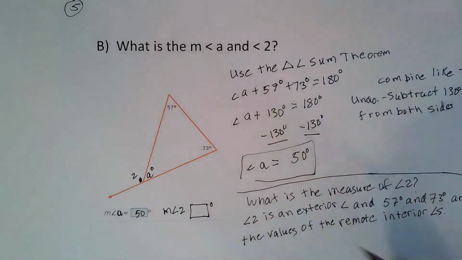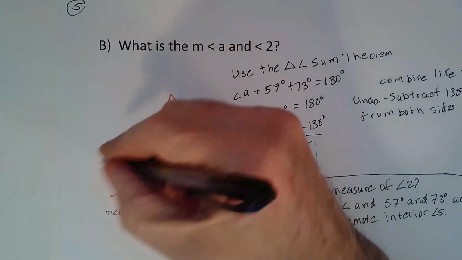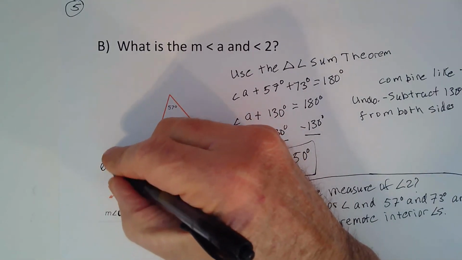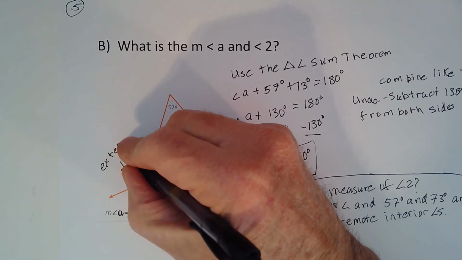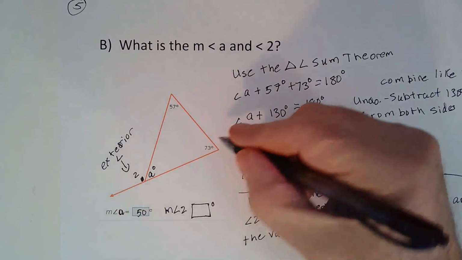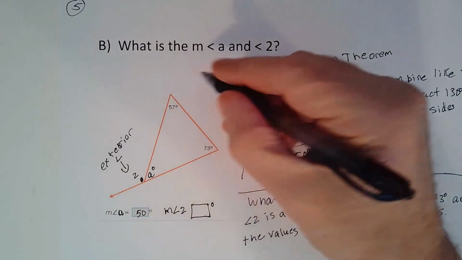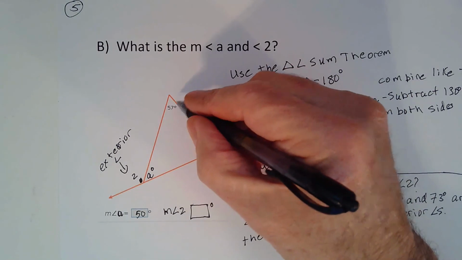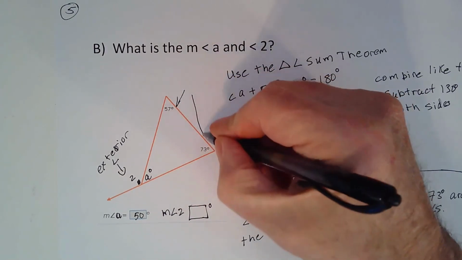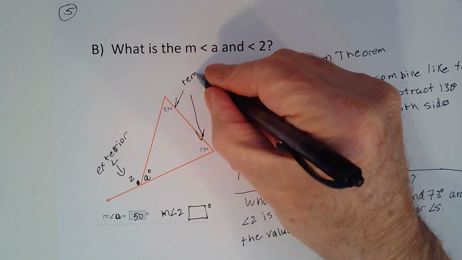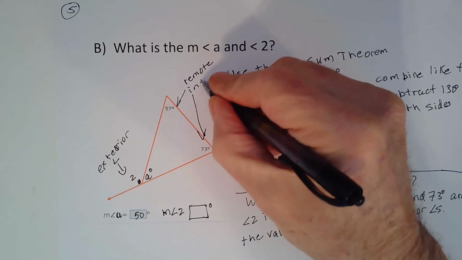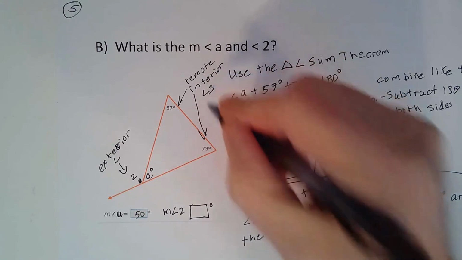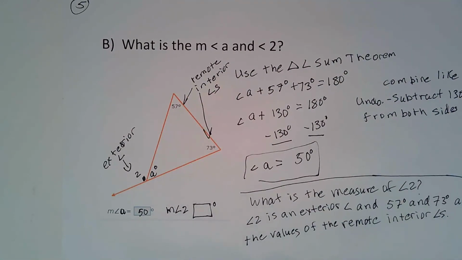Right? So we know, again, this is your exterior angle, angle 2, E-X-T-E-R-I-O-R angle. This is where I need Genevieve Hop to keep my spelling correct. These are our, again, remote interior angles. So we know that the exterior angle equals the sum of the remote interior angles.